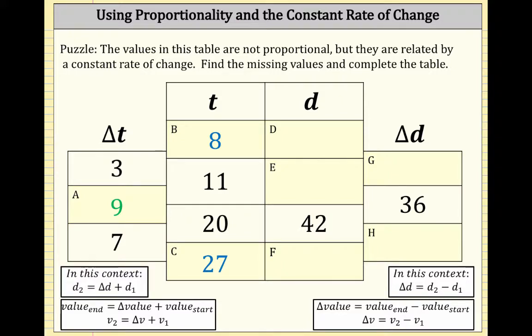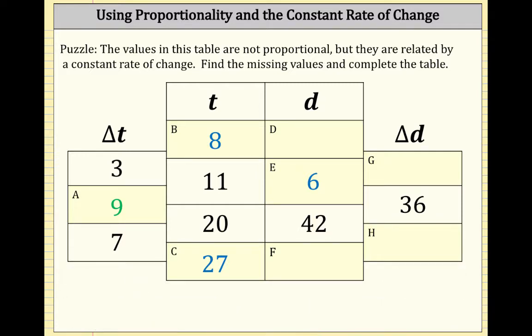Something plus 36 is 42, so 6 plus 36 is 42. We could check our work by taking 42 minus 6. That would give us a change of 36. But as we're looking at this, so far, there's not much else we can do with this.